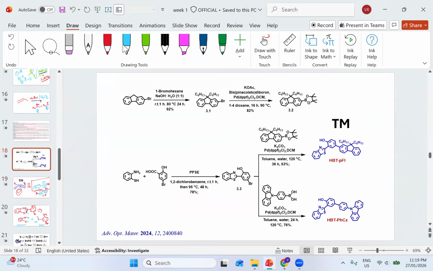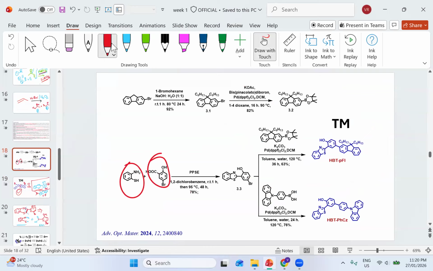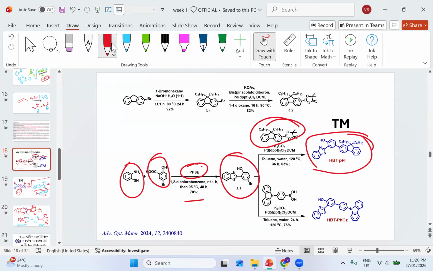If you look at the original synthesis, these two were the starting materials. They were coupled or condensed in presence of this PPSE reagent in some solvent at some temperature, and we get this hydroxyphenyl benzothiazole compound, the bromo hydroxyphenyl benzothiazole. And if this bromo hydroxyphenyl benzothiazole is coupled with this boric ester, we get the target molecule.